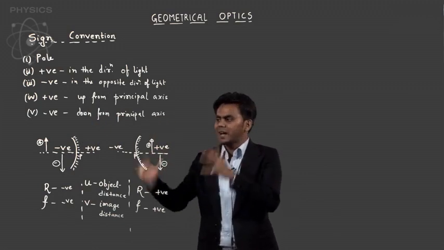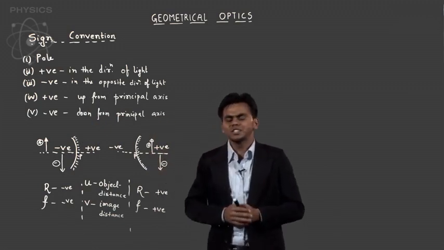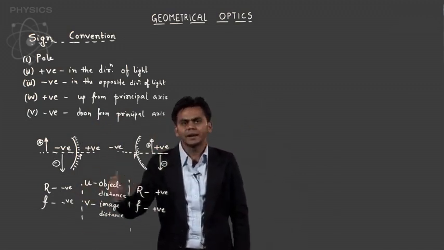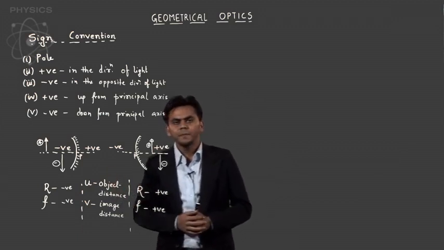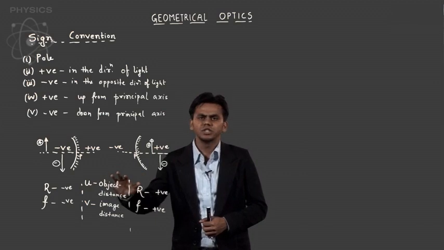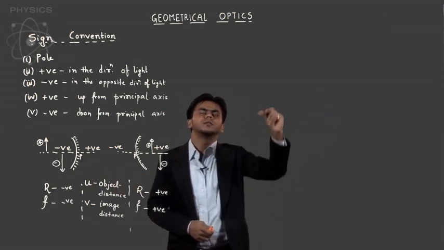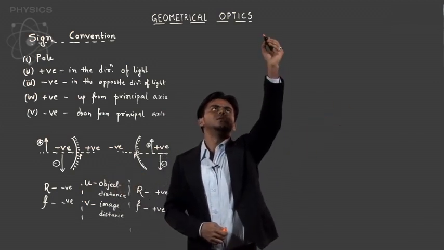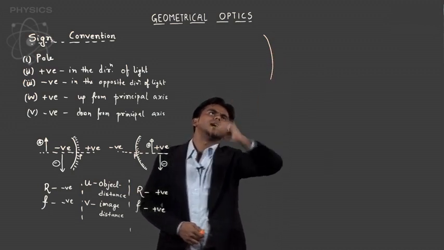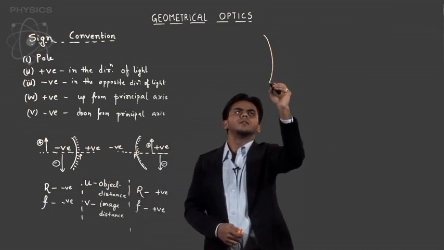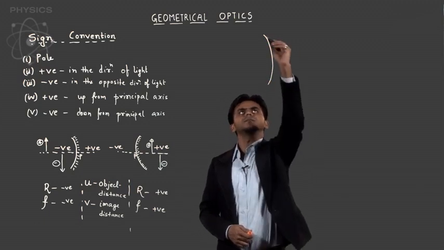Now, with this background, let's understand the relation between U, V, R and F. We'll first take the case of a concave mirror, and we will follow all the sign conventions. Let's say this is your concave mirror, and this is having a very small aperture.